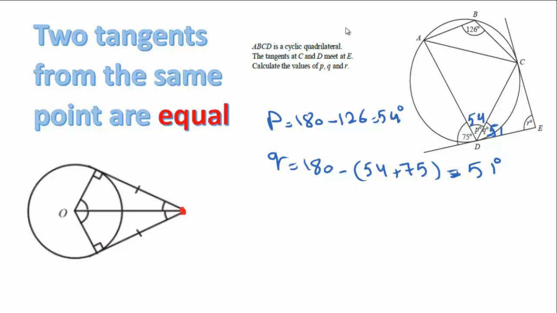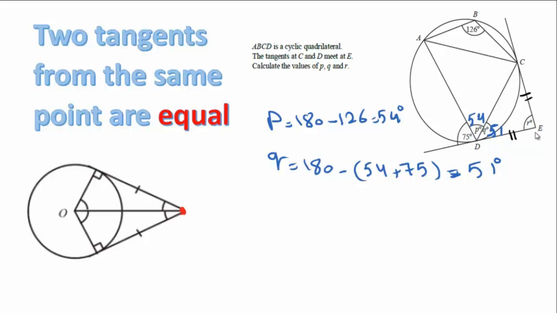What we have left here is to find angle R. So let's take a look. Angle R. This side here is a tangent. This side here also is a tangent. Both tangents came from the same point, which is point E. So we can say that these two tangents are equal in length, which tells us that this triangle here is an isosceles triangle.